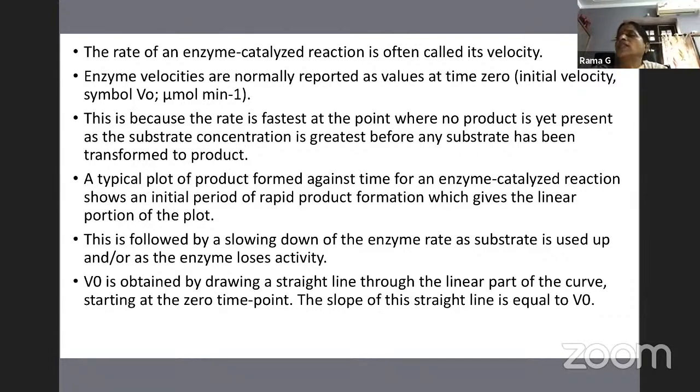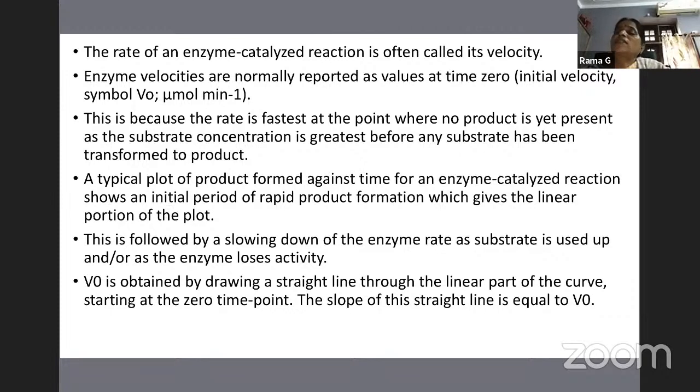That's why it is giving a linear shape. But gradually, after some time, this is followed by slowing down of the enzyme rate, and also by the substrate molecules being used up, the rate of reaction slows down.